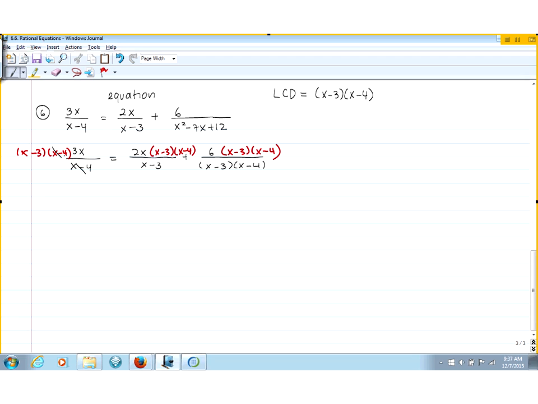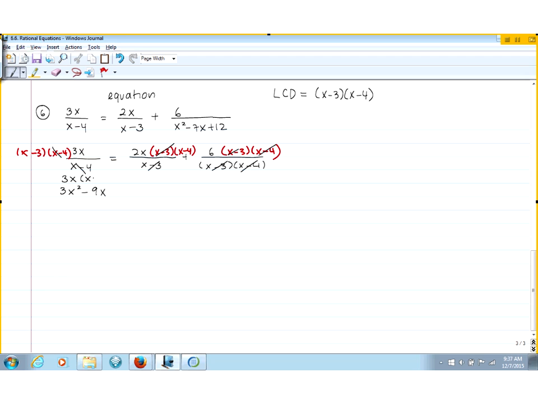Okay, so now what? X minus 4 cancel here. X minus 3 cancel here. And both x minus 3 and x minus 4 cancel. Let's see, what do we have here? 3x squared minus 9x.